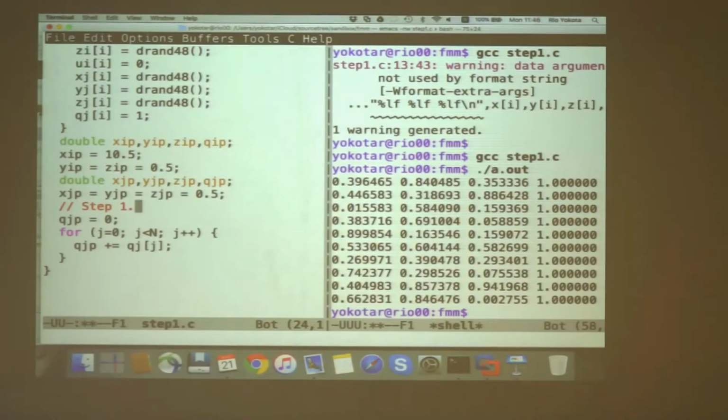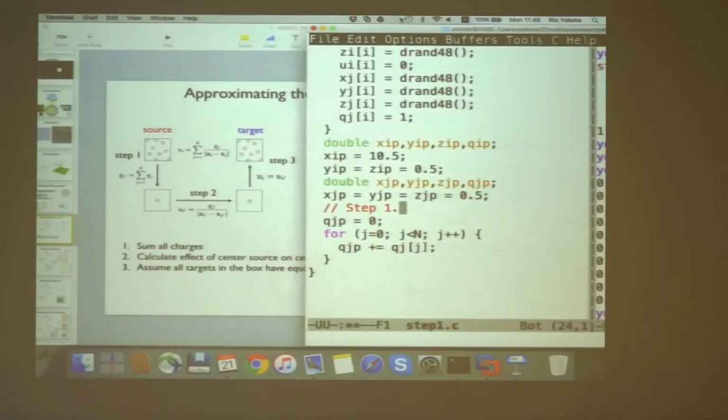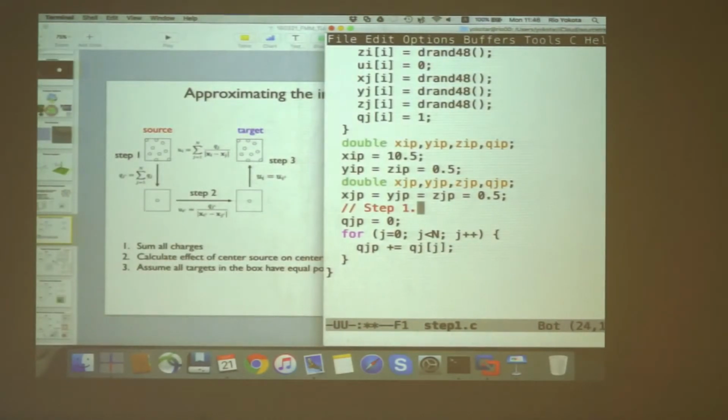If I have enough room in my screen, I can show. Yeah, step 1 was to add all the qj's, and adding them to qj prime. Qj prime is not an array because there's only one number, one point. So it's just one double, not an array.